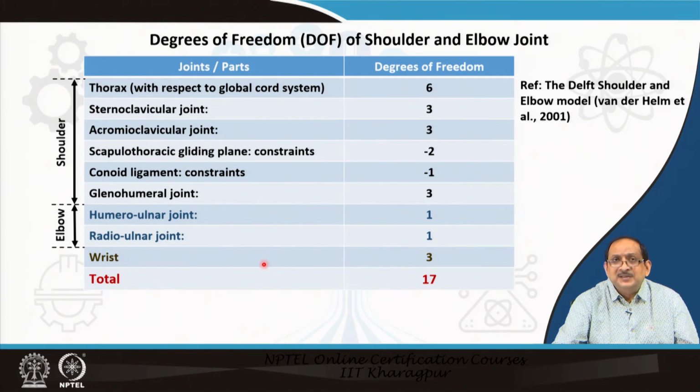The wrist, as discussed earlier, offers us 3 rotations. So, it has 3 degrees of freedom. Now, if we add all the degrees of freedom, the total degrees of freedom of the shoulder, elbow and wrist complex comes out to be 17.